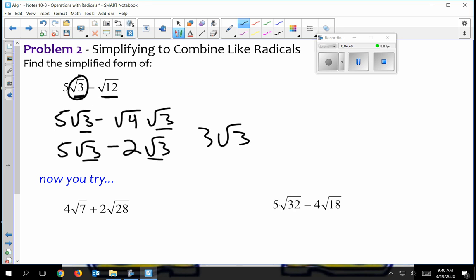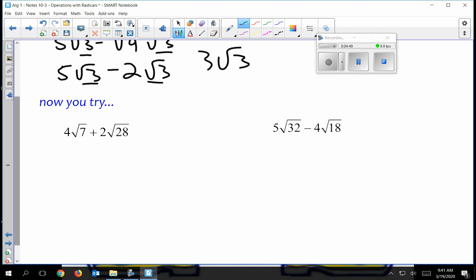Let me do this one with you, and I'll let you do one by yourself. 7 I know I can't do any with, so I'm going to bet that 7 goes into 28, and it does. It goes in 4 times, so I can take 2, square root of 4, square root of 7. I'm doing this in baby steps here, so if you kind of get this, just bear with me.